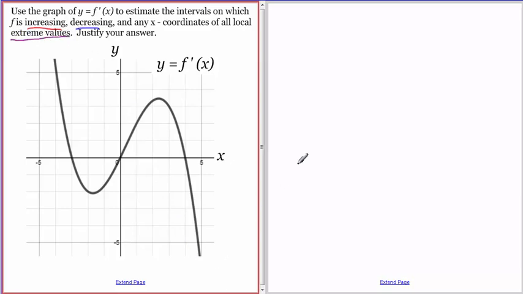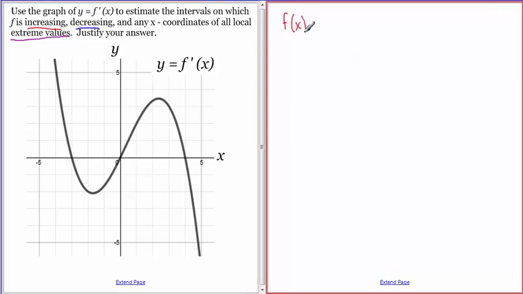So let's start writing this right now. F of x is increasing when f prime of x is greater than 0.